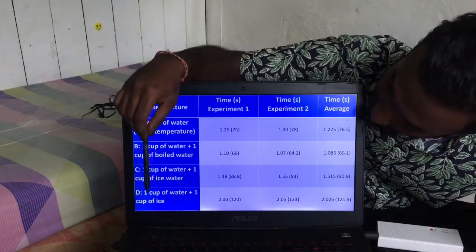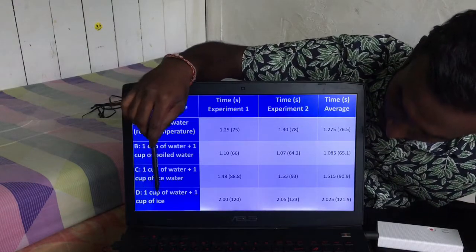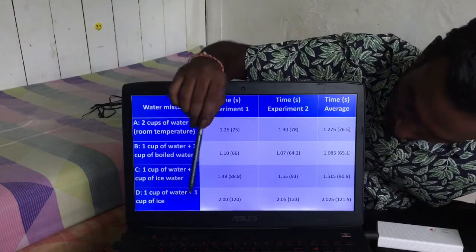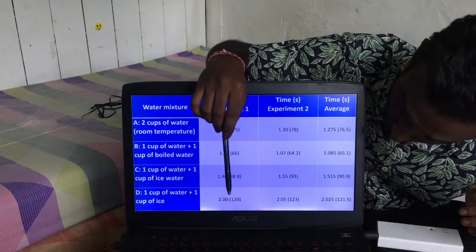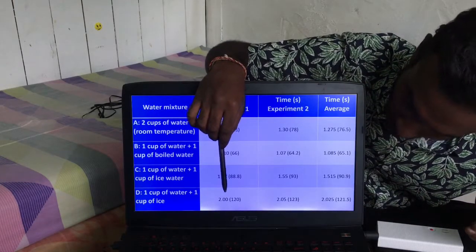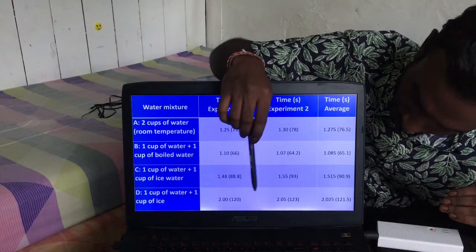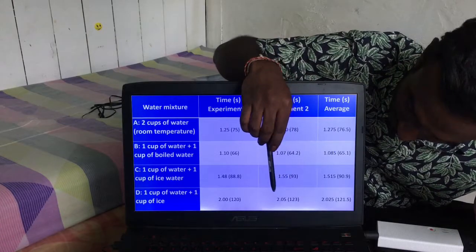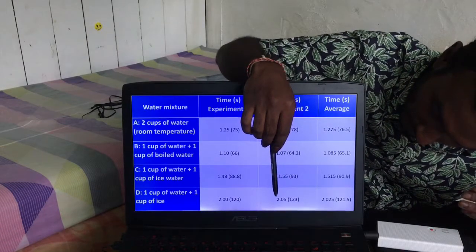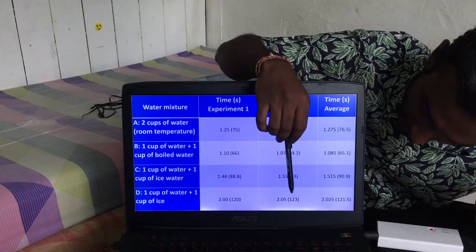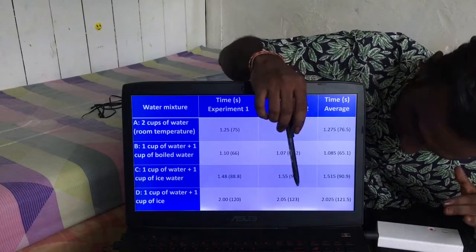For the last mixture, which is 1 cup of water plus 1 cup of ice, fully ice, the first trial timing was 2 minutes, which after conversion was 120 seconds. For the second trial, the timing was 2 minutes and 5 seconds, which after conversion was 123 seconds.